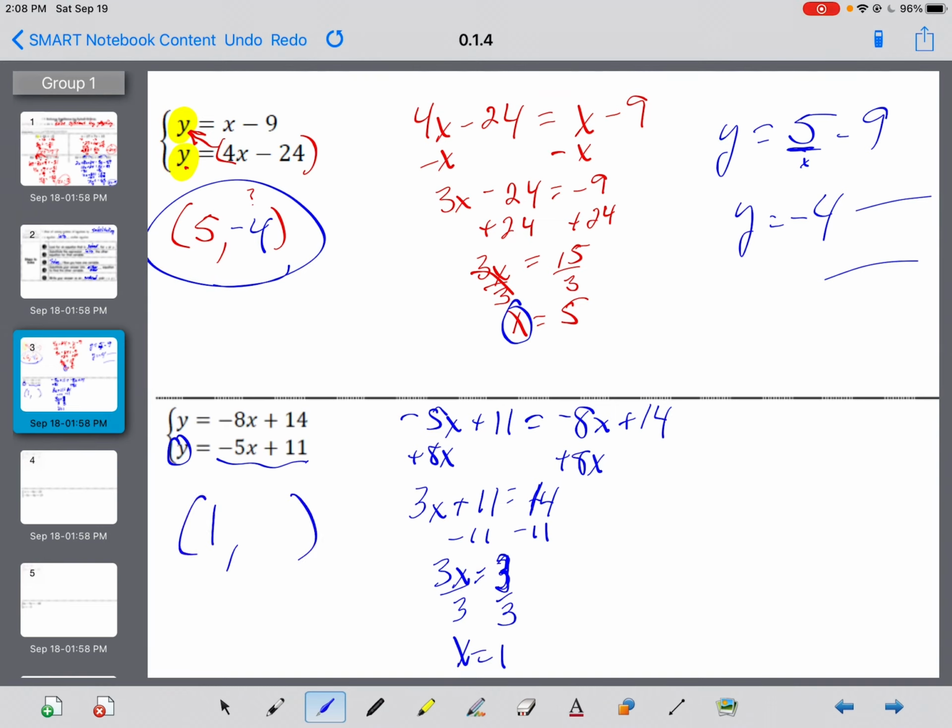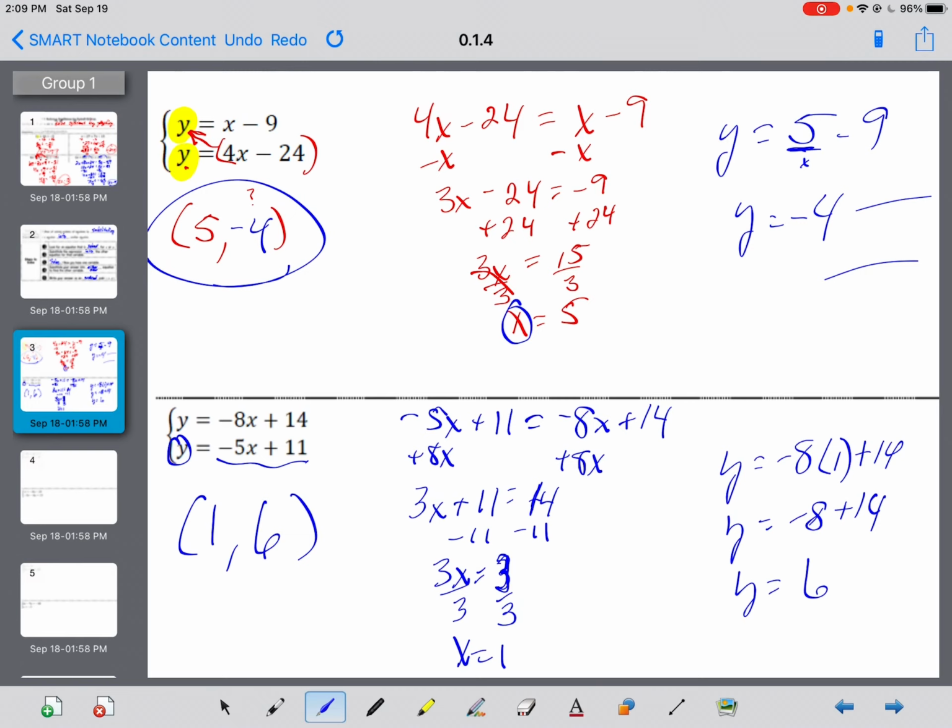And I'm going to plug it back in. Now 1 times anything is pretty easy, so it doesn't matter which one I plug it in for. So y equals negative 8 times 1 plus 14. y equals negative 8 plus 14. And y equals 6. Now, I should be able to plug it in the other equation, and it has to make it true.